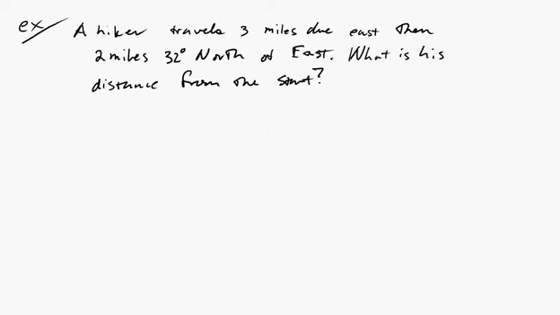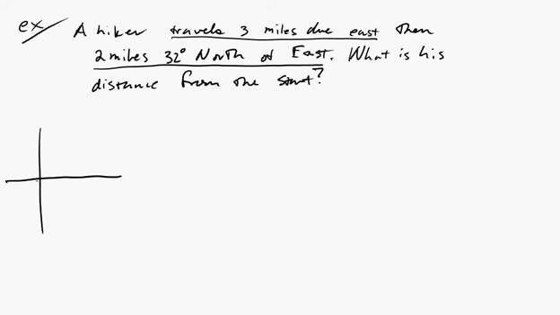Now this is actually 2 vectors. Travels 3 miles due east is one, and then 2 miles 32 degrees north of east is another, and we're combining them. So the picture here would look like this. If this is his starting point, he would travel 3 miles due east, and then from there he would turn 32 degrees north of east, this means that way, and travel this way to end up at this point.